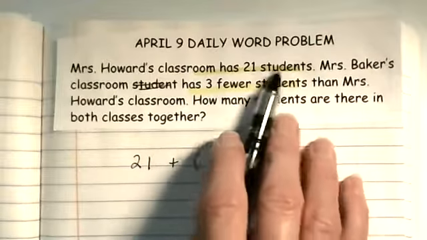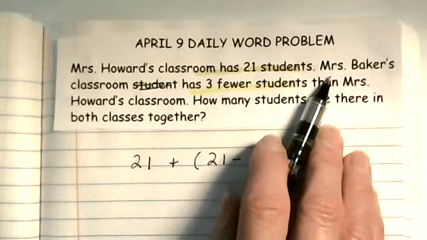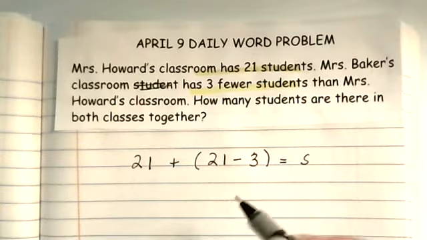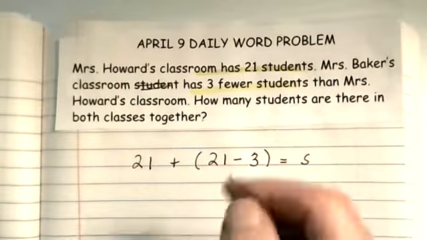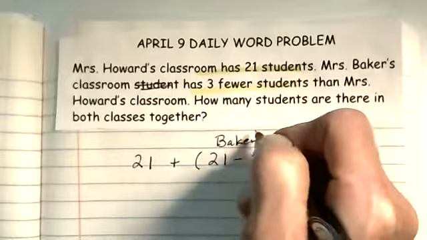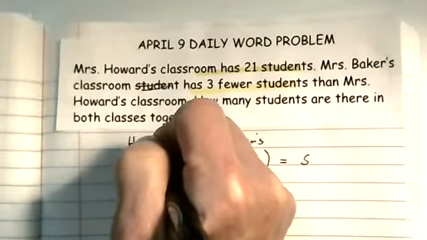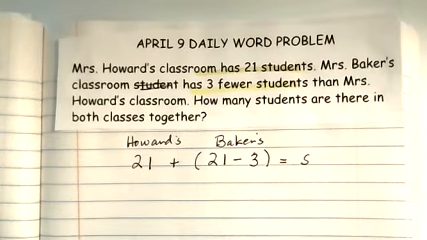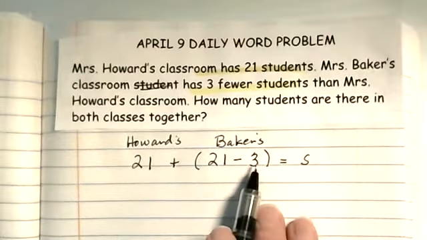So again, Mrs. Howard's classroom, they give you what she has. And then they're telling you Mrs. Baker's is 3 fewer than that. So we have to figure out what's in Miss Baker's. So this is Baker's. And this is Howard's. Okay? So this is the key.